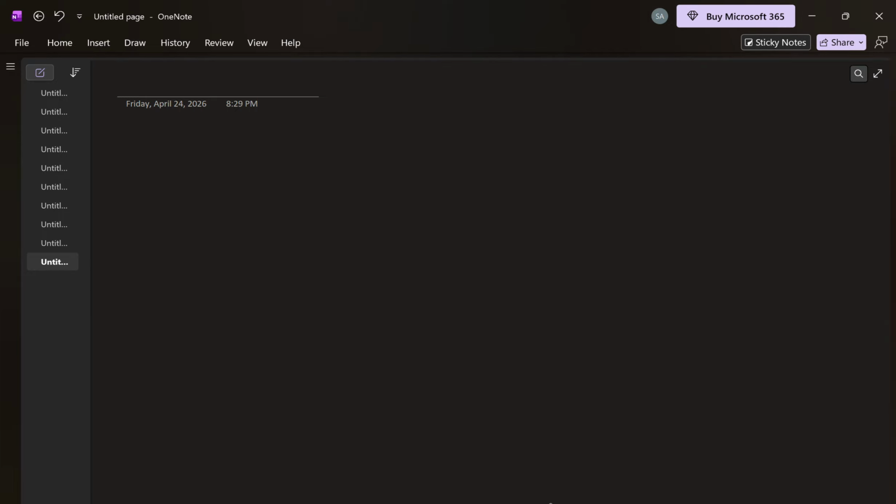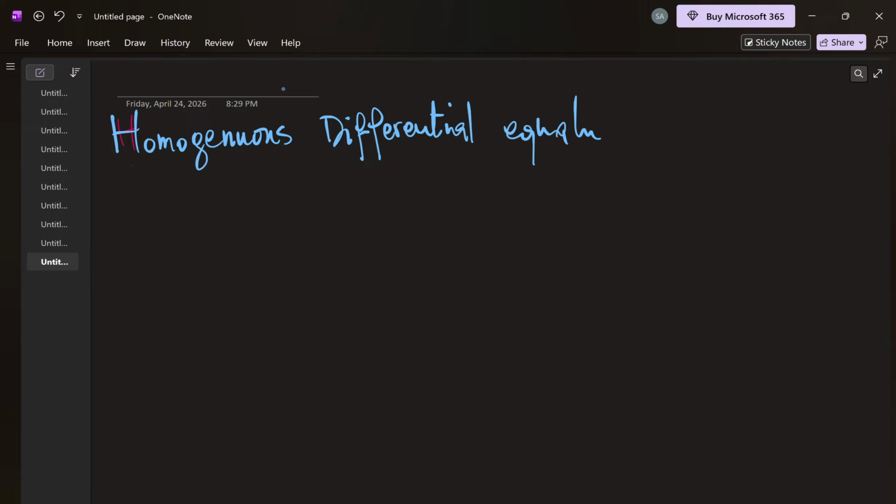Homogeneous differential equations. So now we pass to homogeneous differential equations.